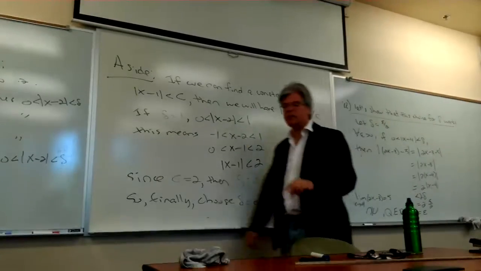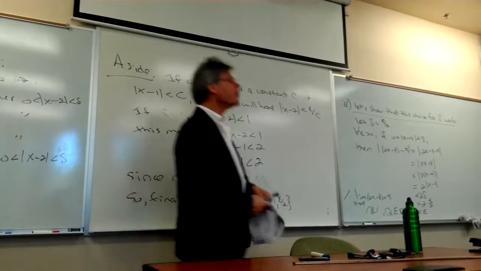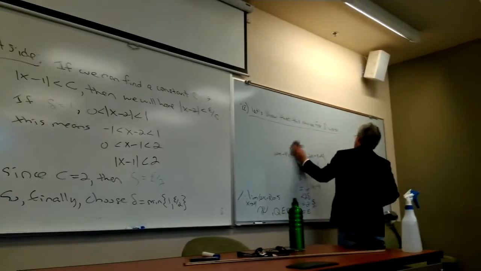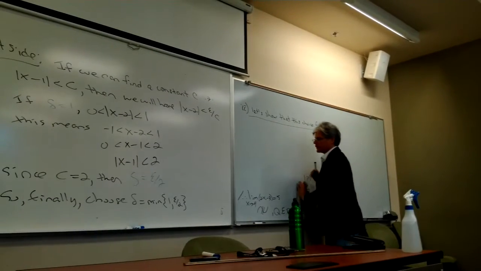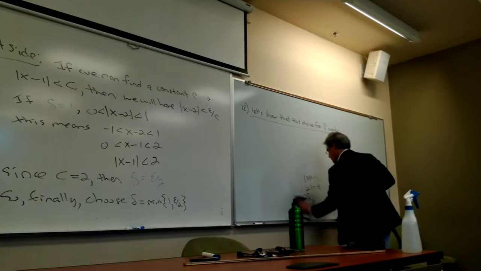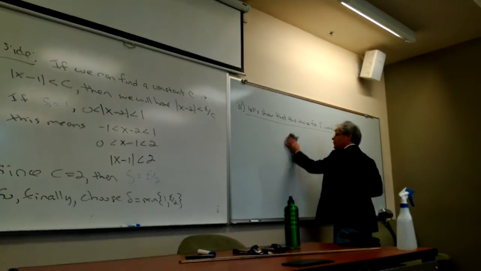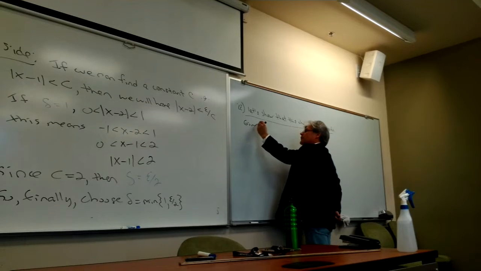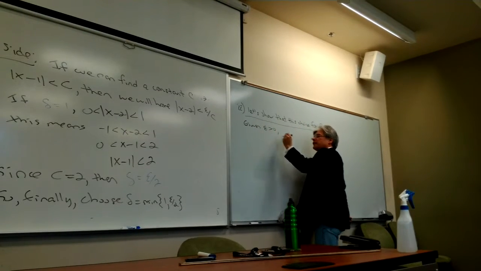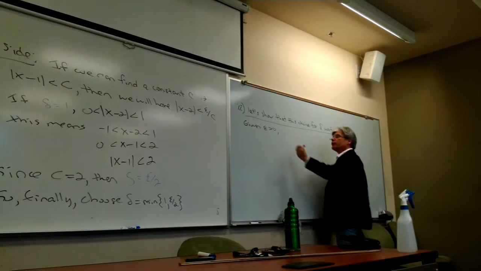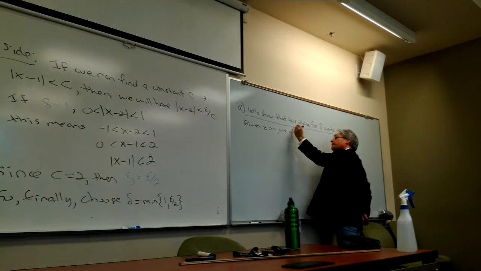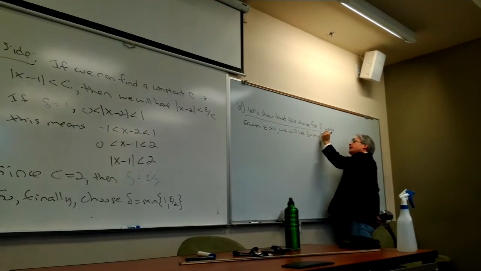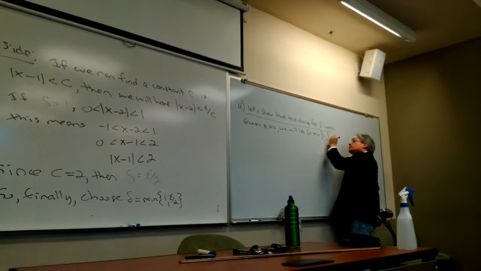To show you that this particular choice for delta does indeed work, I need to formally prove it. So let's show that this particular choice for delta works. Given an arbitrarily small epsilon value that's strictly positive, we will let our delta be the minimum of these two values, 1 and epsilon over 2.